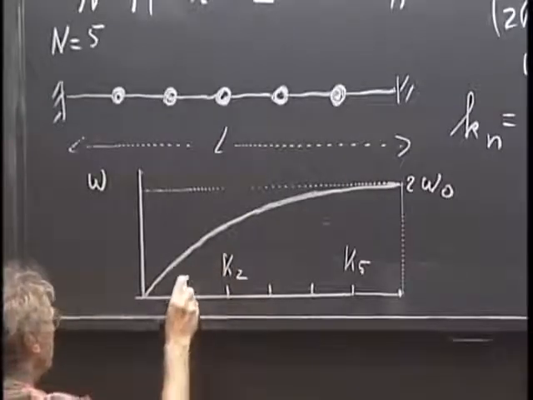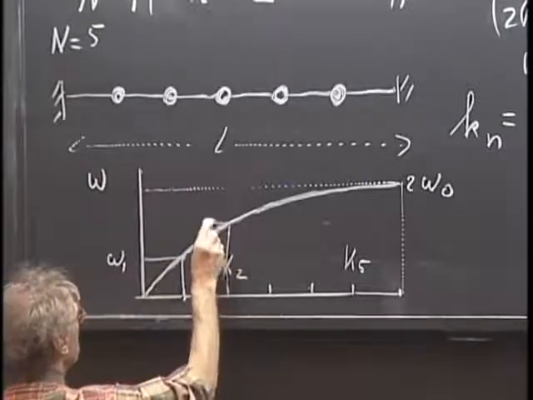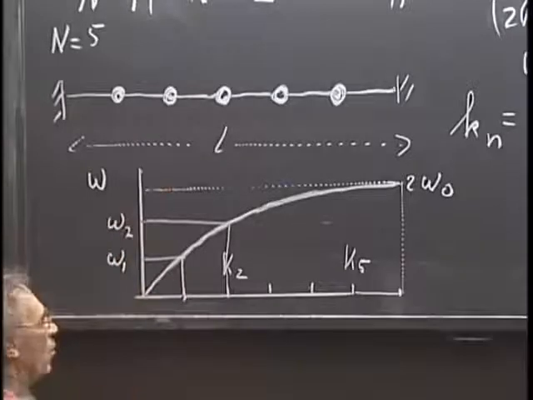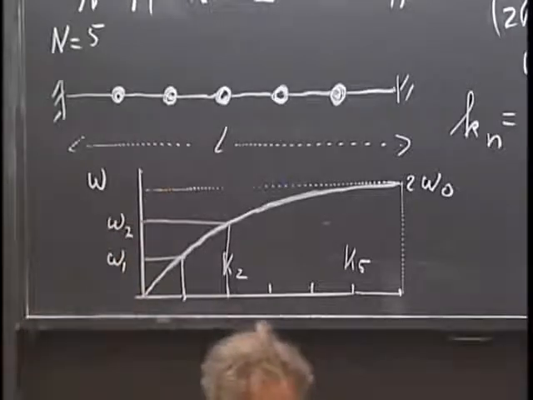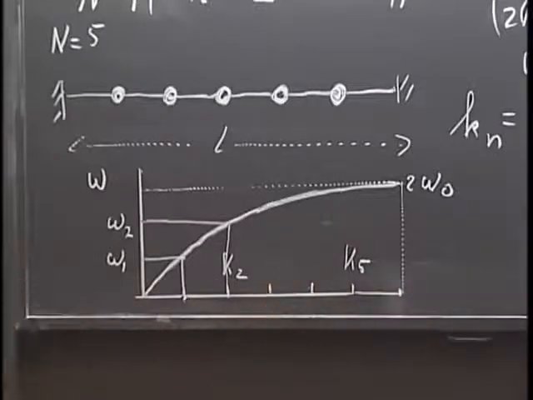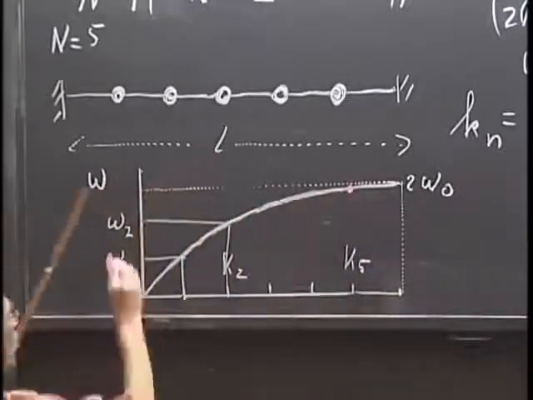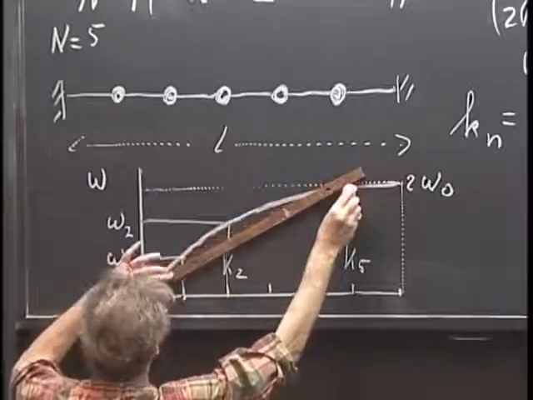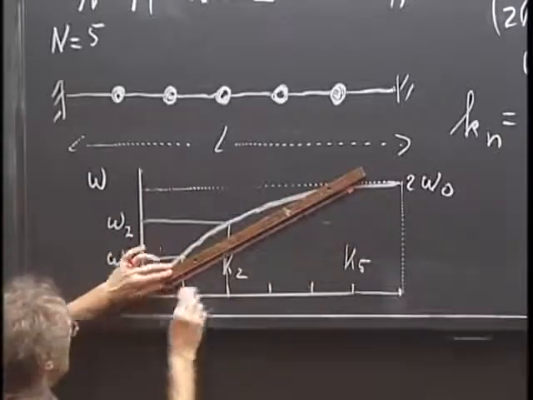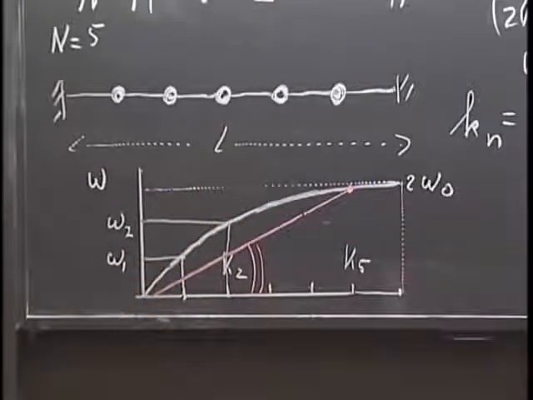So for k1, this is omega 1. For k2, this is omega 2, and so on. So you can immediately see that the speed of propagation in the fifth mode is lower than the speed of propagation in the lower modes, because this point here, which is k5 connected with omega 5, I can connect with the origin, and then this angle is a measure for the speed of propagation, because the speed of propagation is omega divided by k.